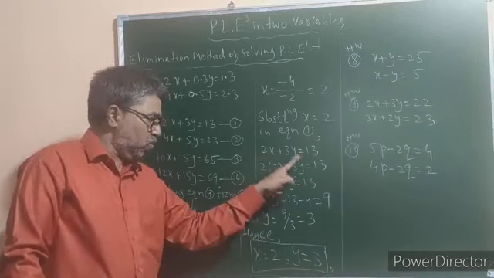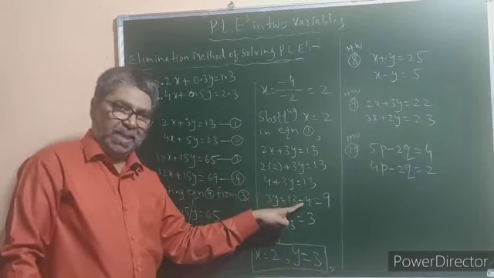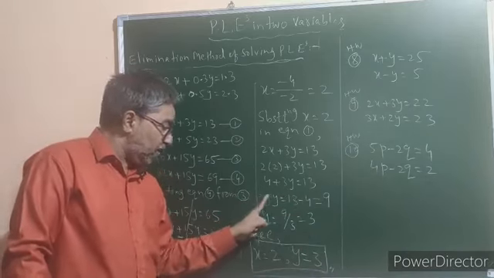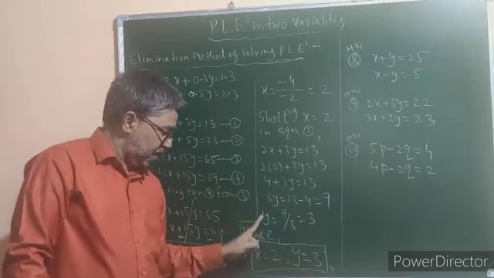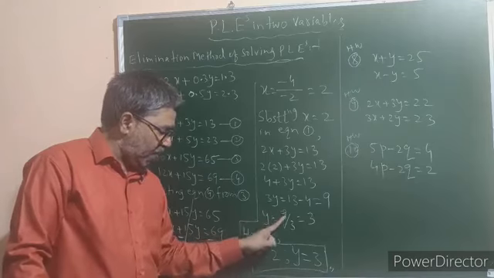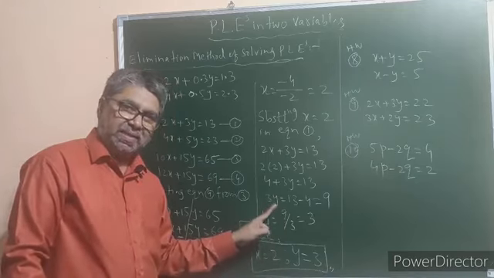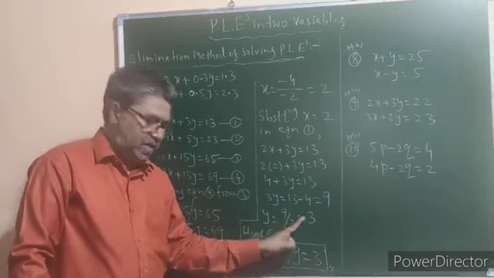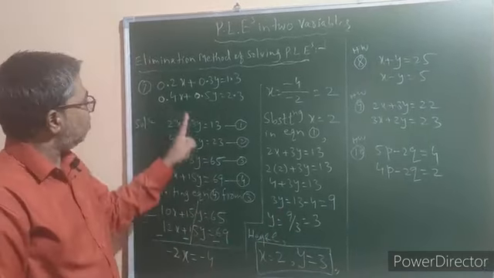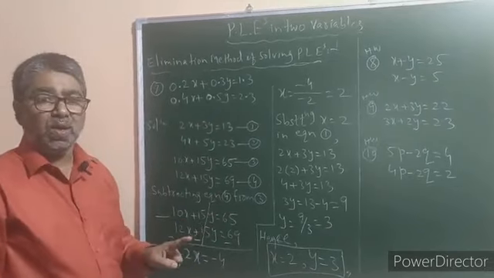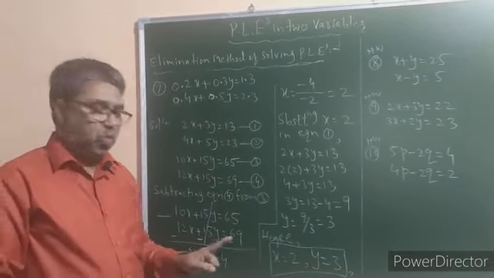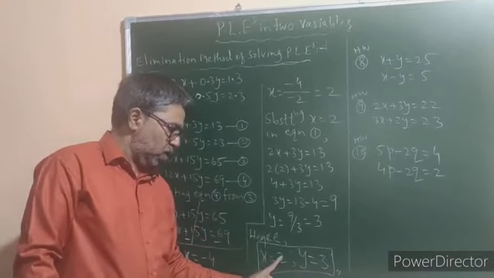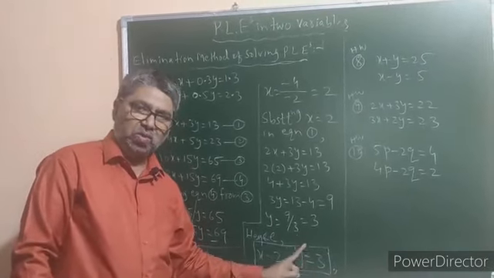Shift plus 4 towards the right side, you will get minus 4, and 13 minus 4 is 9. So 3y is equal to 9. Therefore y is equal to 9 upon 3. 3 3s are 9. Hence the value of y is 3. Hence the solution set for these two given pair of linear equations in two variables is 2 and 3, or x is equal to 2 and y is equal to 3.